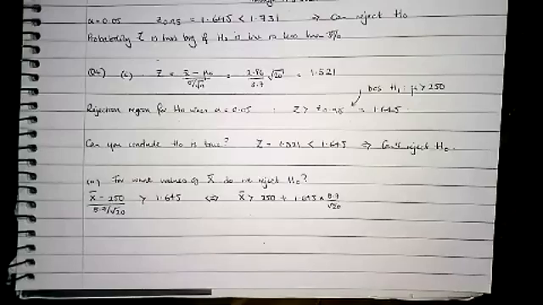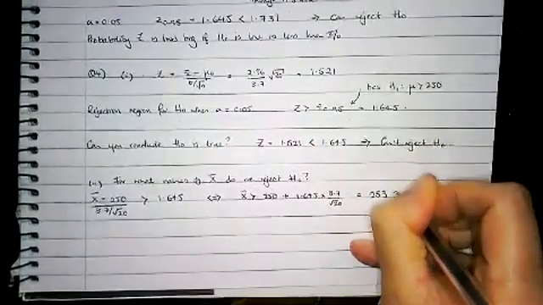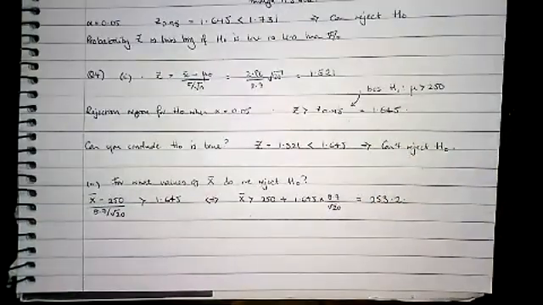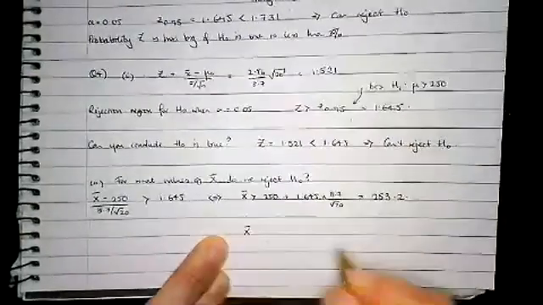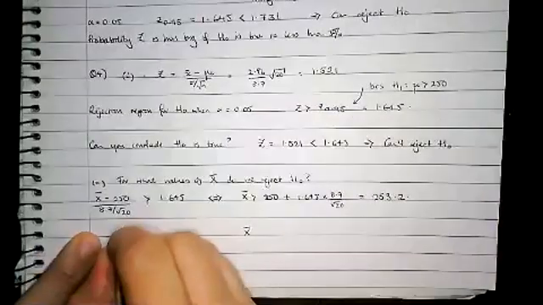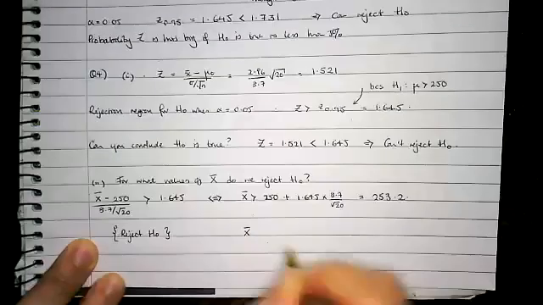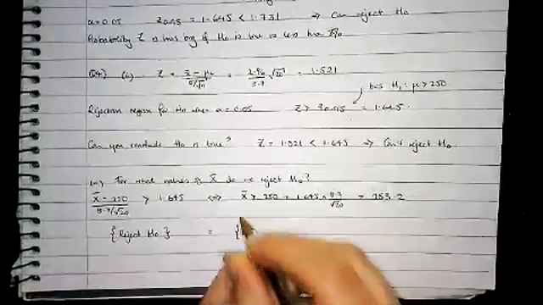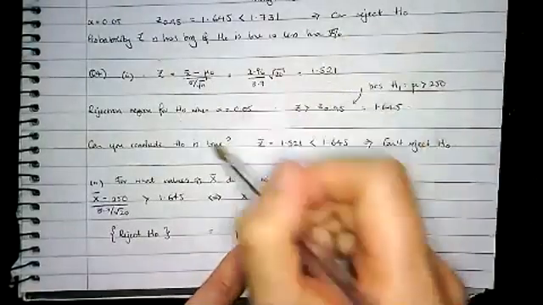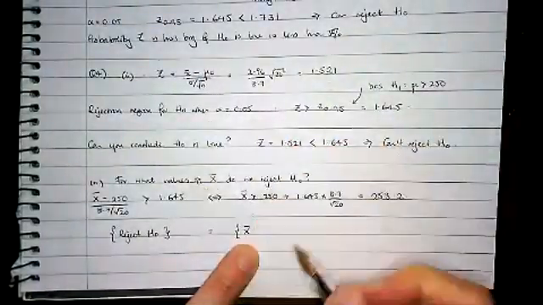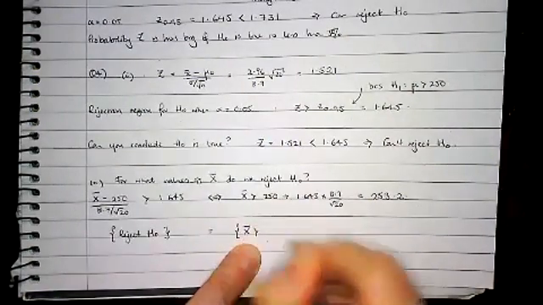And the number I end up with here is 253.2. Just to summarize, the event we reject H0 is exactly the same as the event that the observed mean for a particular sample, and not necessarily the sample that we looked at in part 1, but any sample of these batteries, has an X bar that's bigger than 253.2.